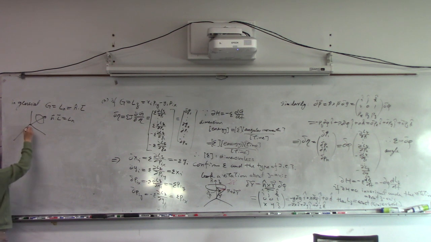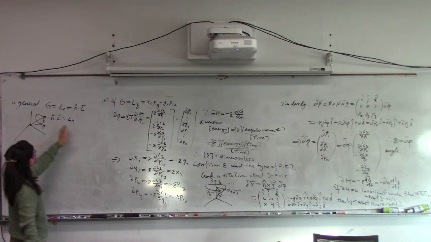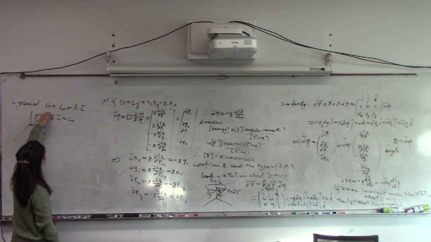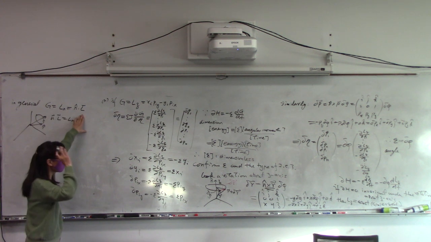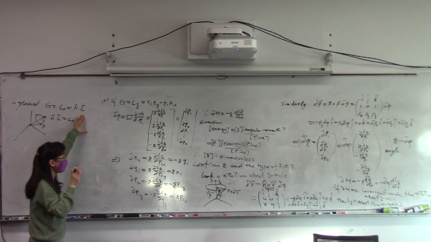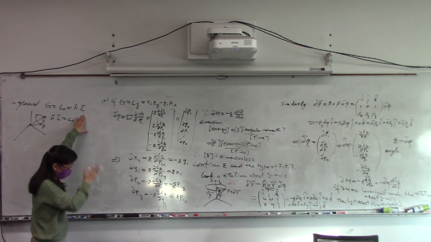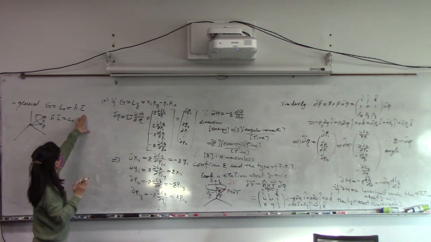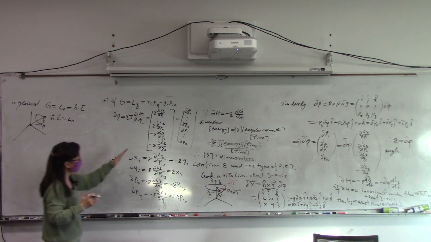About Ln, same thing. So in general, whatever generator it is, if it is associated with the angular momentum projected onto an arbitrary direction axis, then we have the same thing.